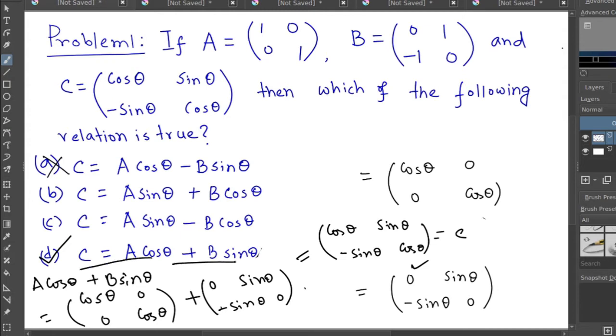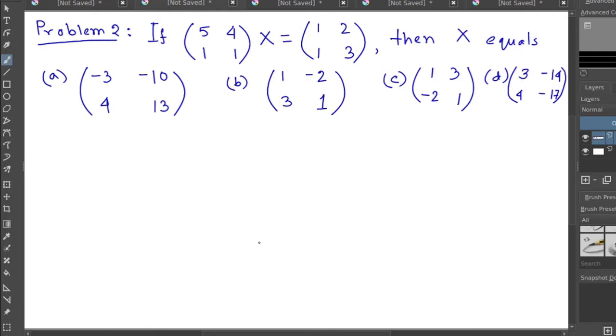Now let's jump into the second problem, which is given as: if the matrix 5 4 1 1, into X, is equal to the given matrix. X is obviously a matrix because the output is a 2 cross 2 matrix.